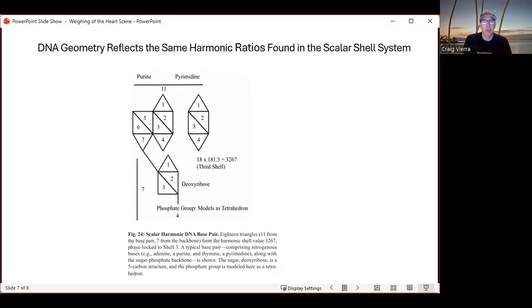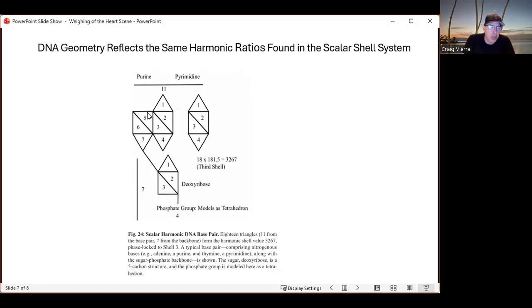So the purines are adenine and guanine, and the pyrimidines are cytosine and thymine. A purine has two rings that are fused together. One of them is a five-membered ring structure, and the other is a six-membered ring.